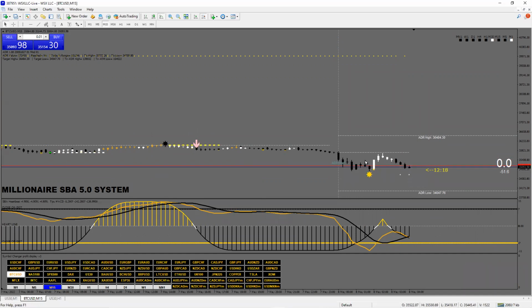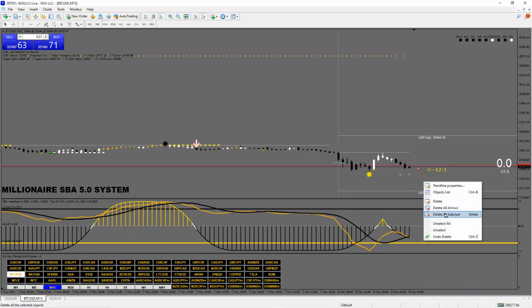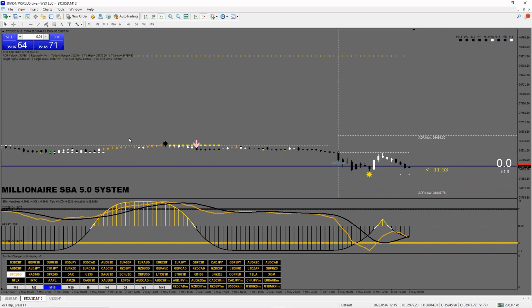When I take a look at all those things, this is telling me that the true direction is down. Where is it going to go? It's going to come over here to the ADR low. So you're calling this down here, the lines, the heartbeat?